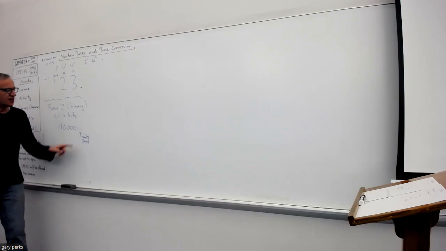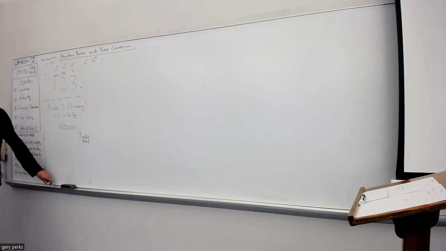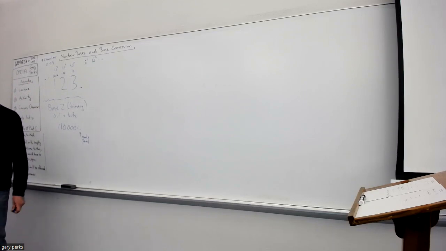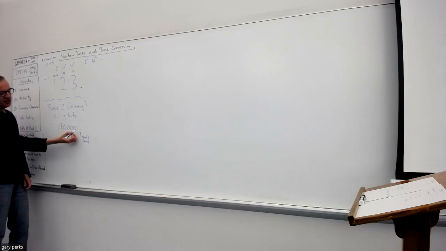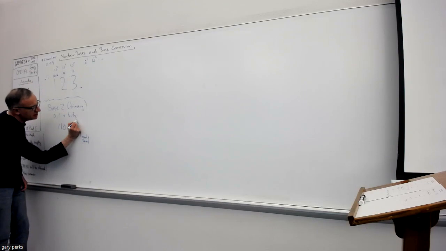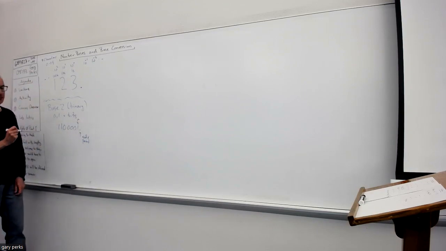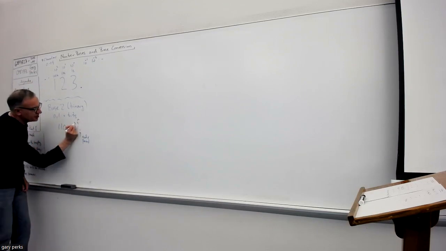Radix, radix point. Radix is just another word for base. Radix and base mean the same thing. So, in this binary number, this is the 1s column, 2 to the 0. Then this is the 2s column, 2 to the 1.